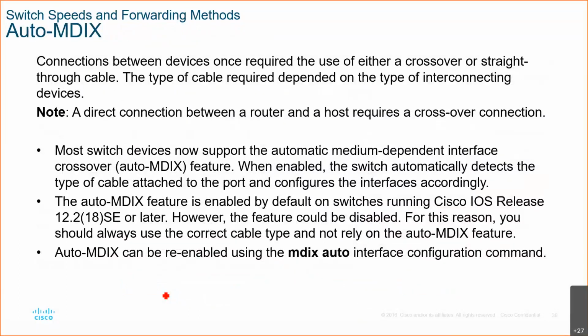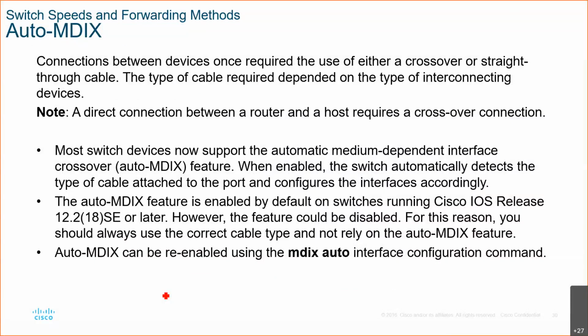And this is something that we have studied before, but we'll study it again. Most of our devices, be it routers or switches, have got auto-MDIX. As per auto-MDIX, it doesn't matter what kind of cable you use.